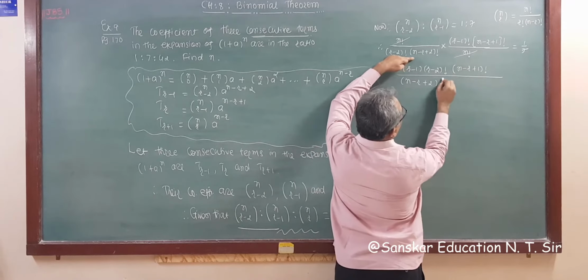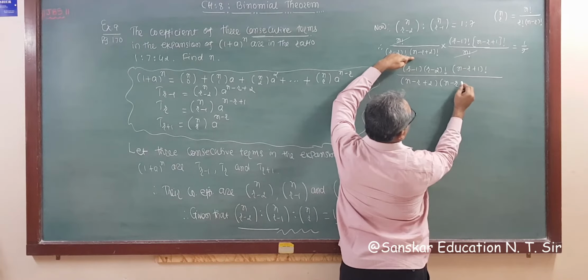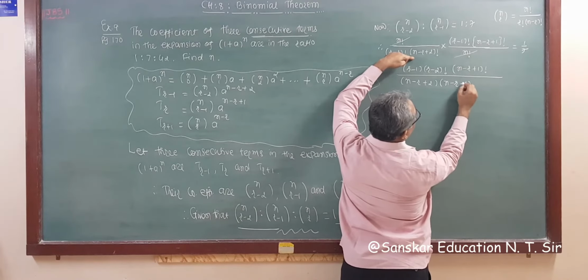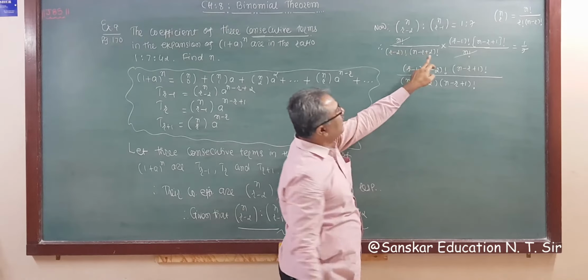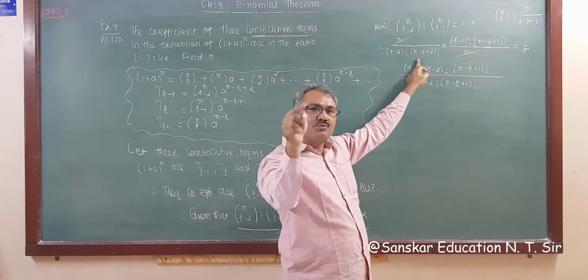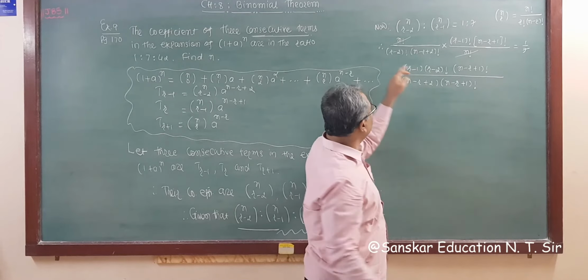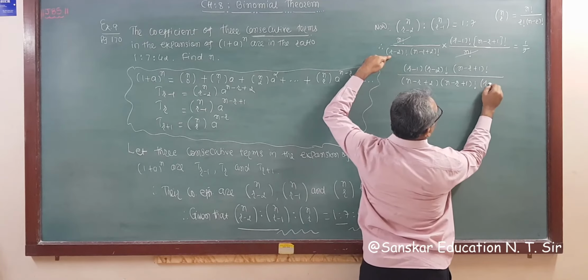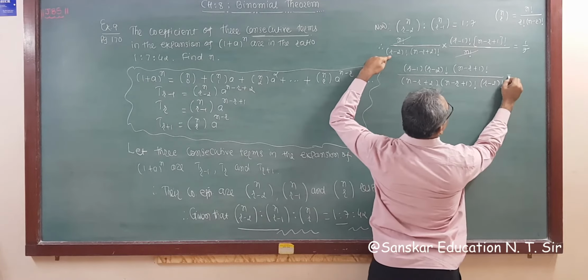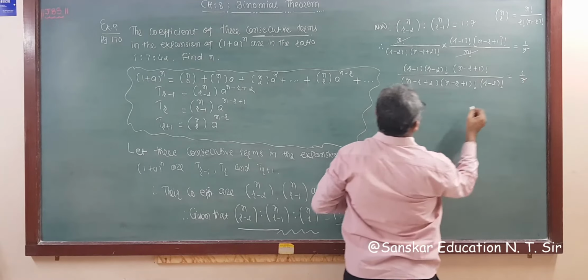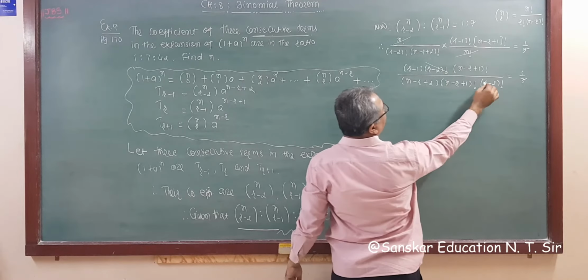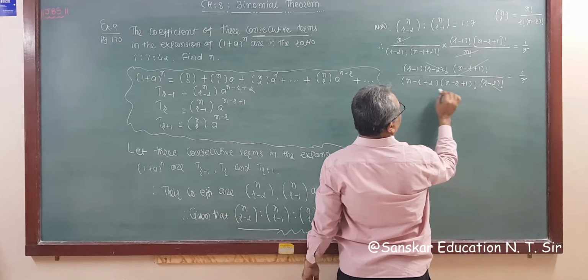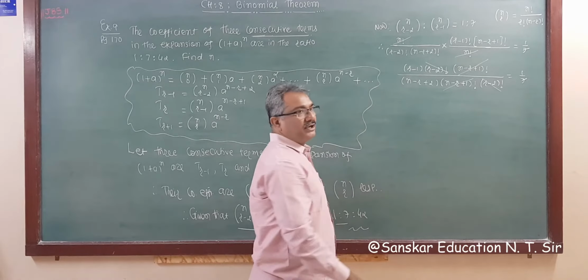Into this is (n minus r plus 2 minus 1), 2 minus 1 is plus 1, factorial, and this (r minus 2) remaining as it is, equal to 1/7. So this r minus 2 factorial and this n minus r plus 1 factorial will be cut. So what we get?